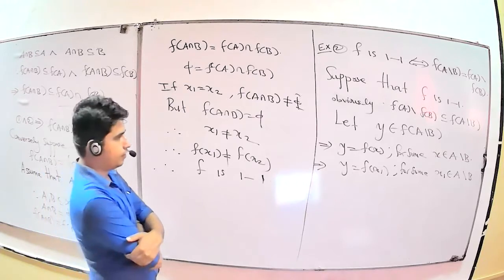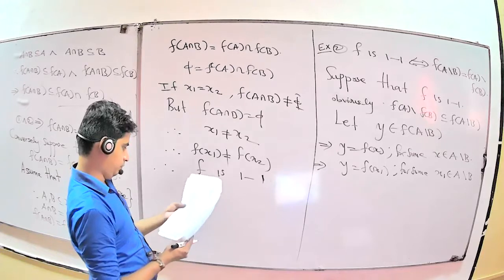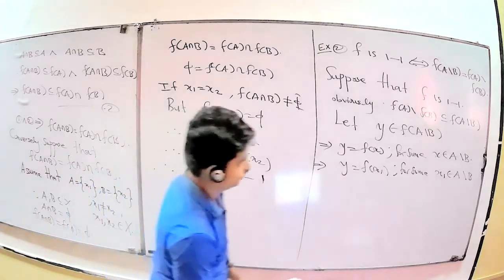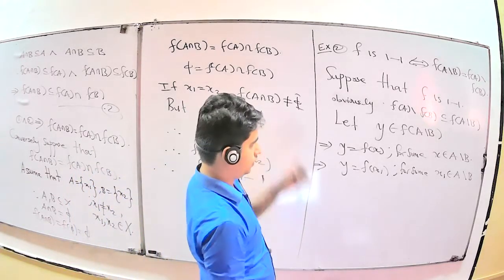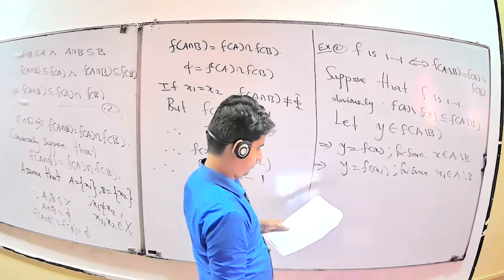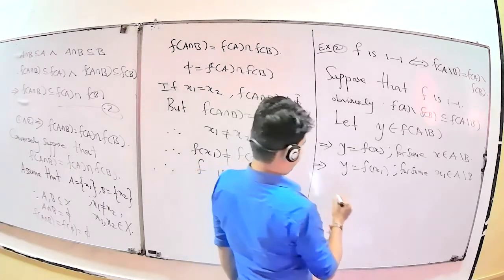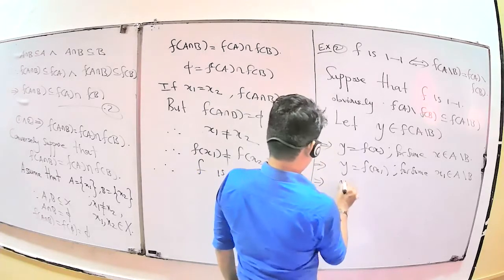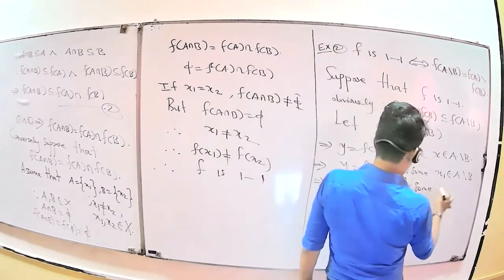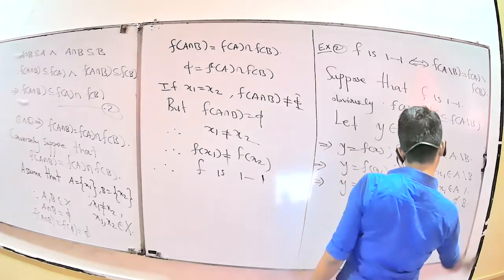Now y equals f of x1 for some x1 belonging to A and x1 does not belong to B.